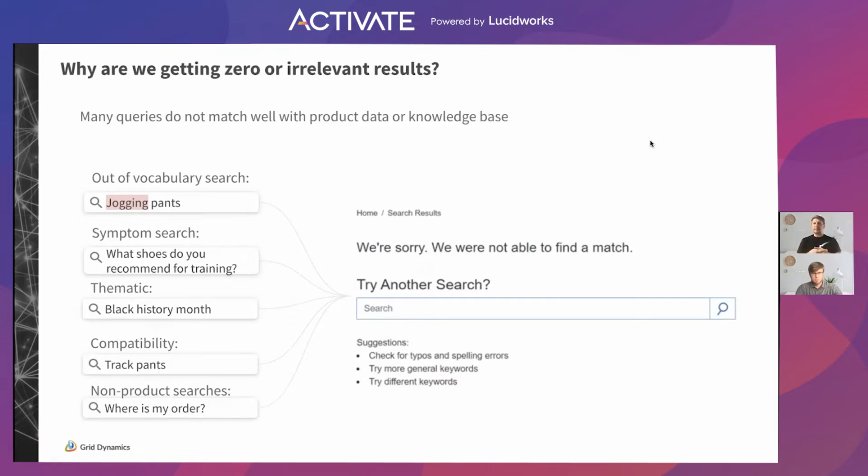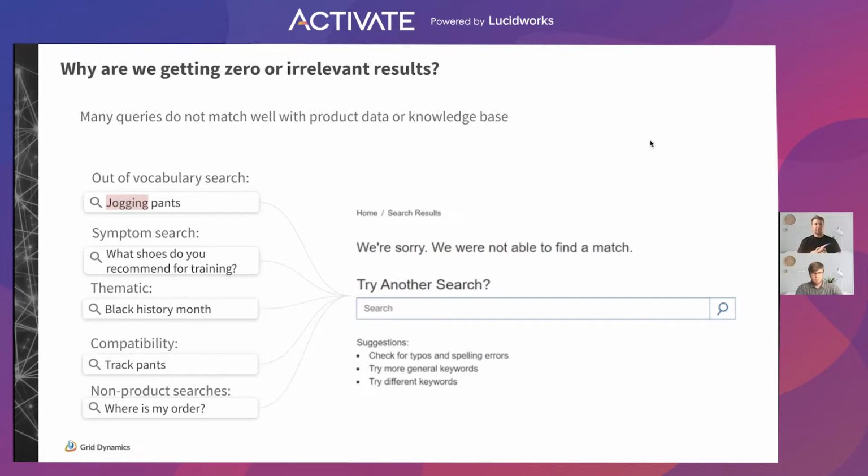Very often our customers do not even talk about the attributes of the products which they want to buy. They are talking about their problem. They are talking about the symptoms which they have, like, I have a problem, what kind of product can help me. And in this case, the traditional search is pretty clueless about how to retrieve relevant products which can solve a particular problem.